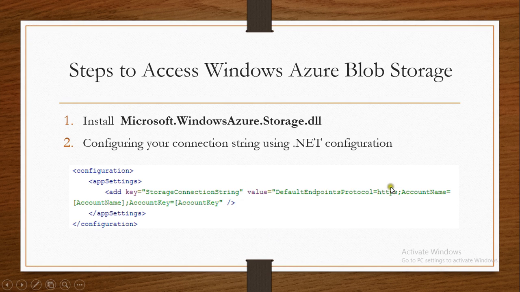Your protocol will be HTTPS, the account name will be Darni demo storage, and the account key is what I showed you now. You just copy and paste it here. You don't have to type all this. You can take the help of Visual Studio to create a connection string, which I will show you later in my upcoming demos.